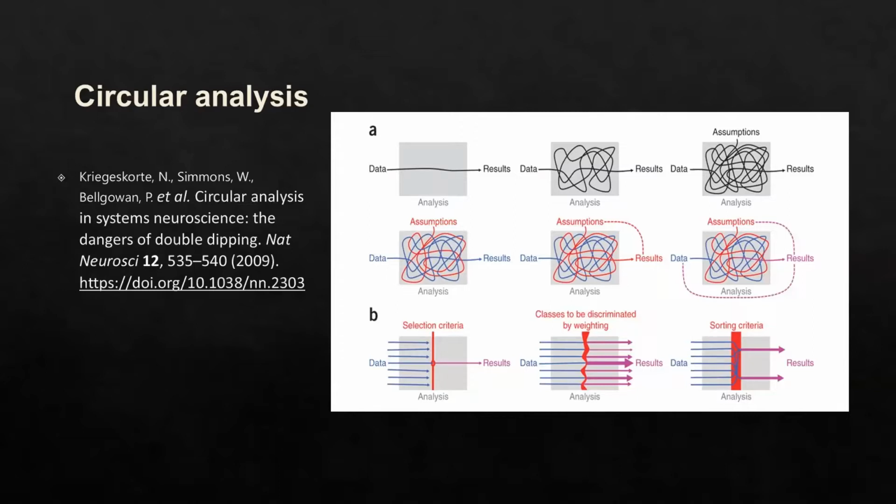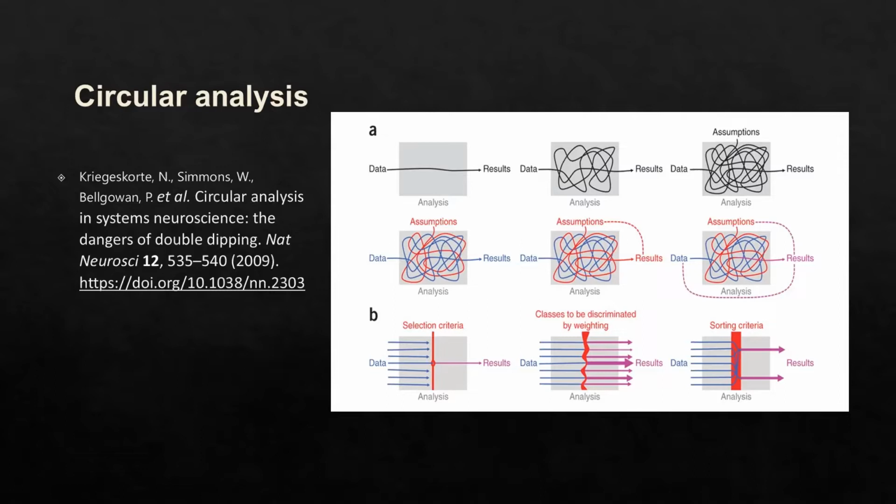And in the top right-hand corner, it shows that our assumptions are often involved in getting in the way between the data and the results, or they contribute somewhat to the results. And then the middle line, or the bottom row of A, shows how the assumptions in red can interact with the data.